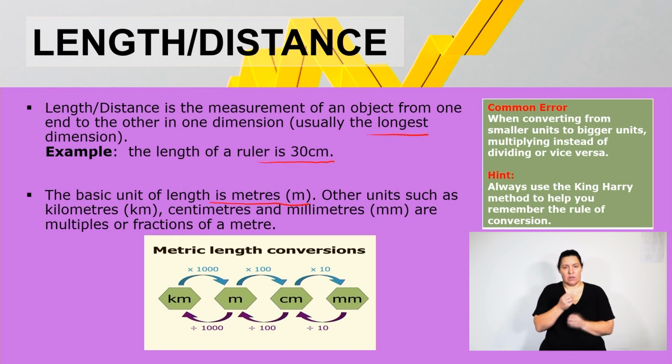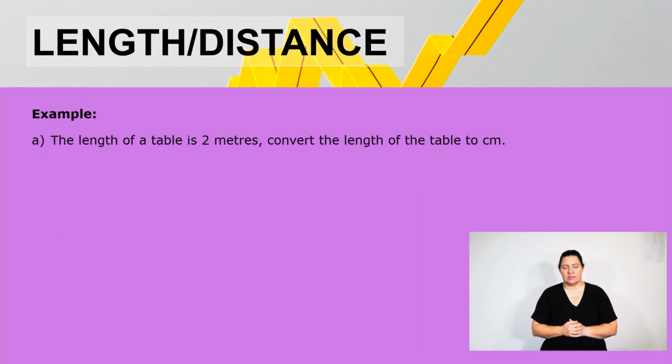In this section, most of the time, mistakes that normally occur are when converting from smaller units to bigger units, you tend to multiply instead of dividing, or sometimes you divide instead of multiplying. Here is an advice. Always use the King Harry method to help you remember the rule of conversion.